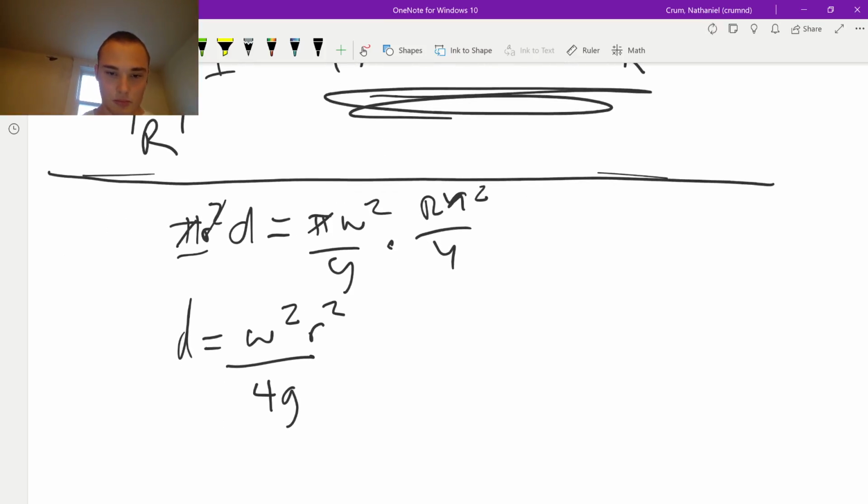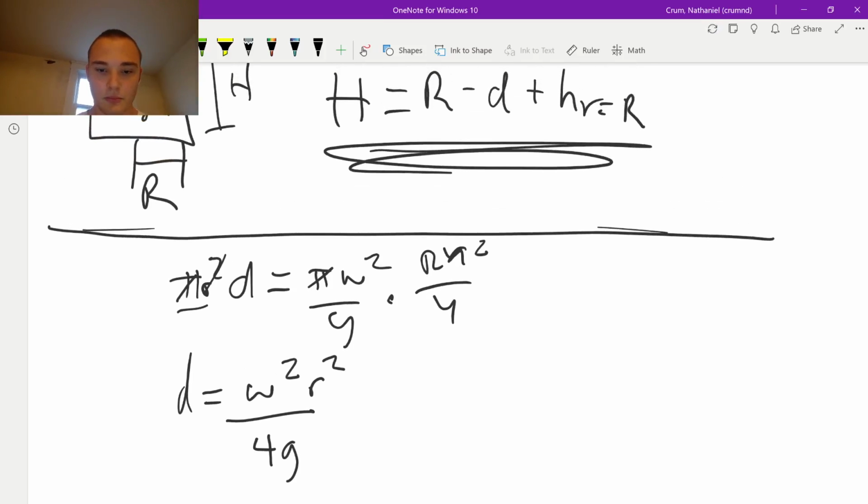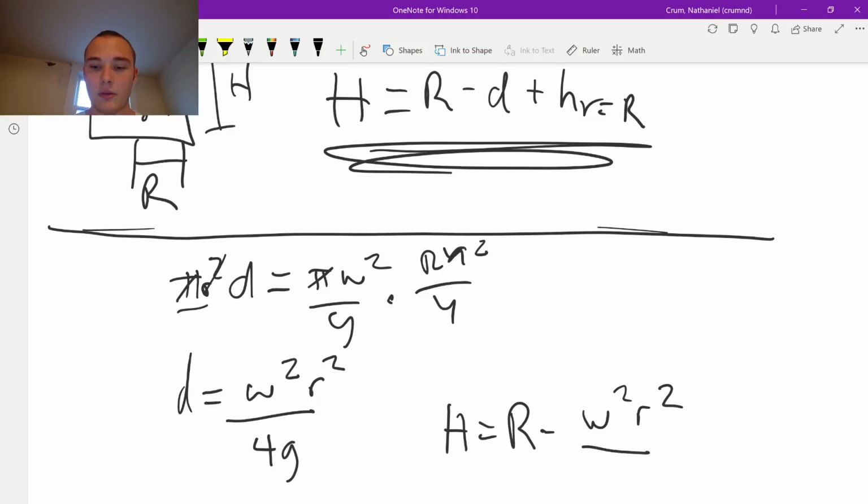So we go H equals the radius of the container minus omega squared R squared over 4g plus, like we defined earlier, our small h_R equals larger R of the container.